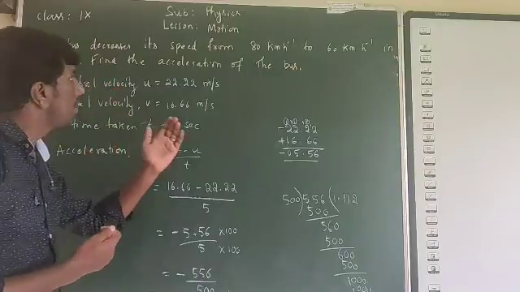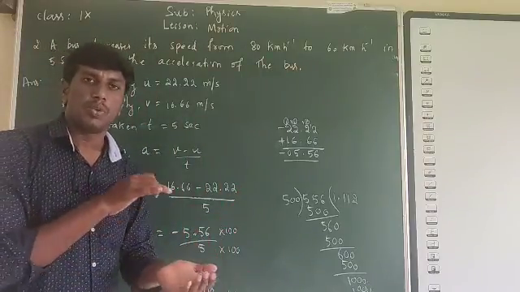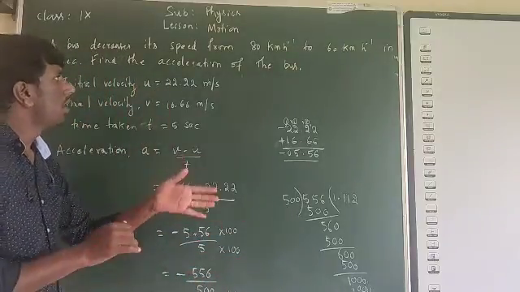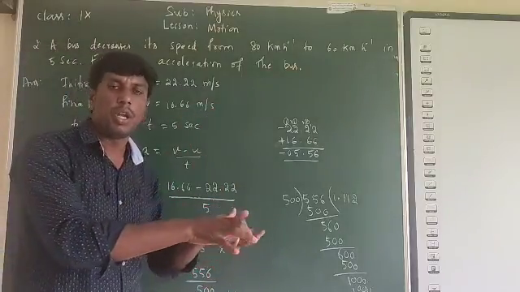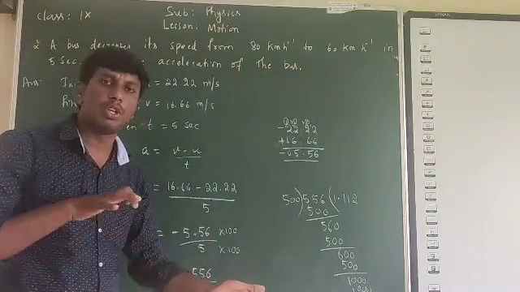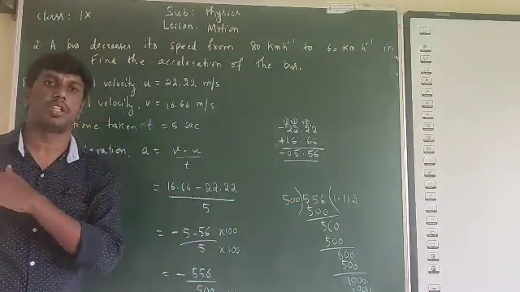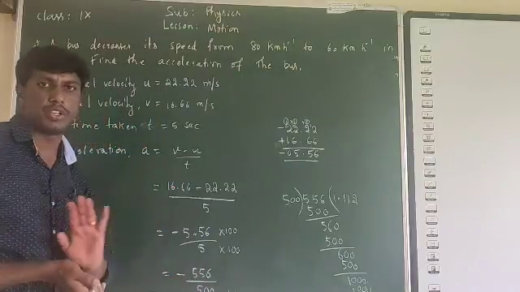Observe that the bus decreases its speed. To decrease the speed we need to apply the brake. So in this case we are applying the brake. Initially say going at 80 kilometer, to bring it to 60 kilometer we need to apply the brake. That means we are giving acceleration in the opposite direction of the motion. Therefore there will be a negative sign in the acceleration.